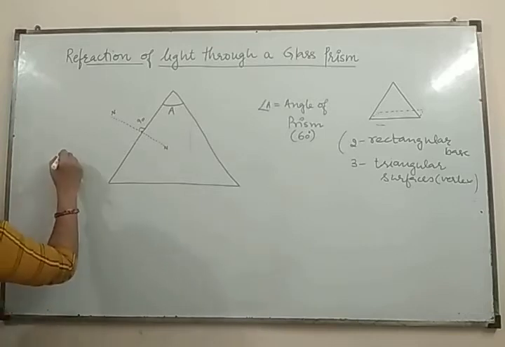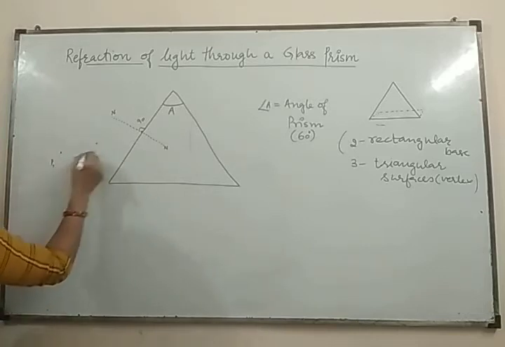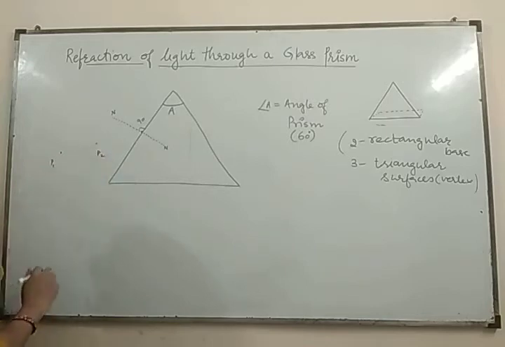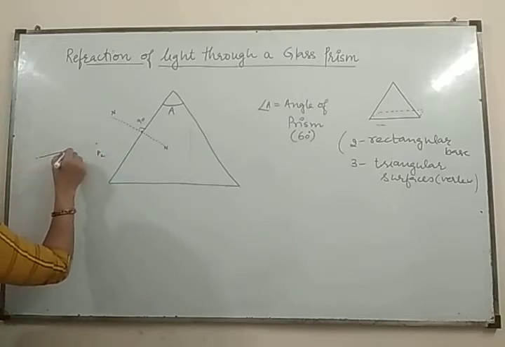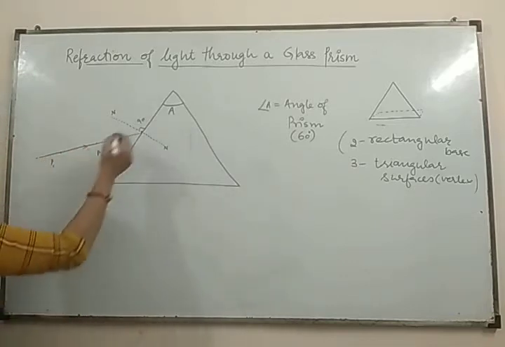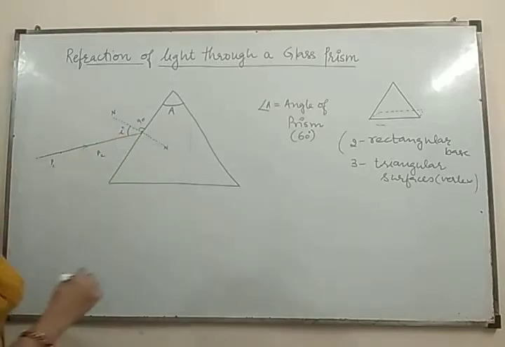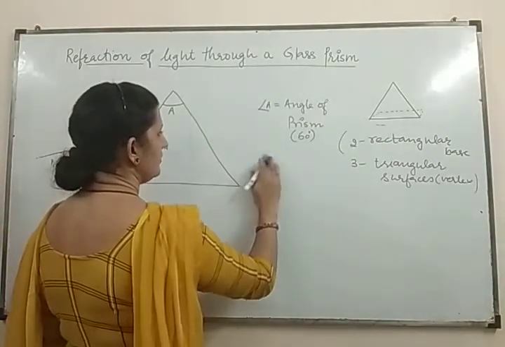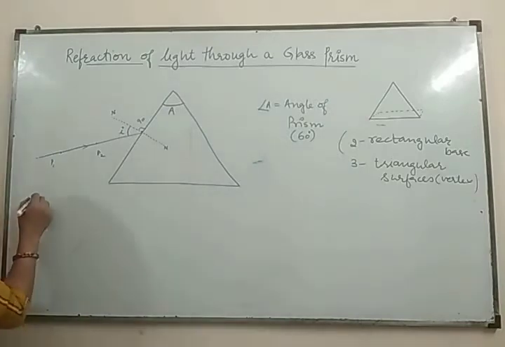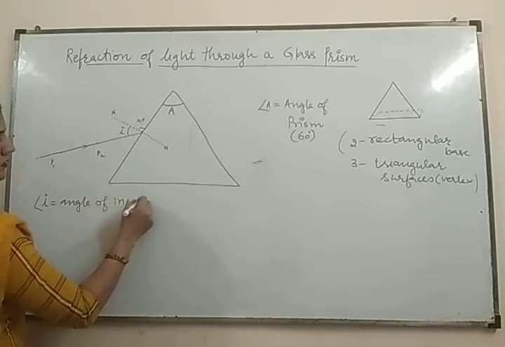Then mark two pins, P1 and P2, at a four finger distance, for the incident ray. This is the incident ray and this is the angle of incidence. You can write here, angle I is equal to the angle of incidence.